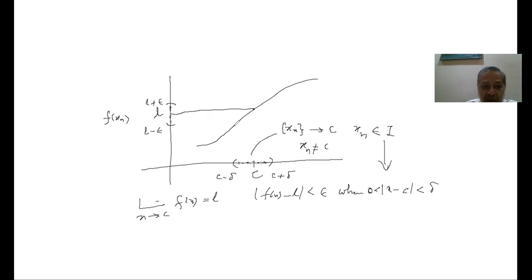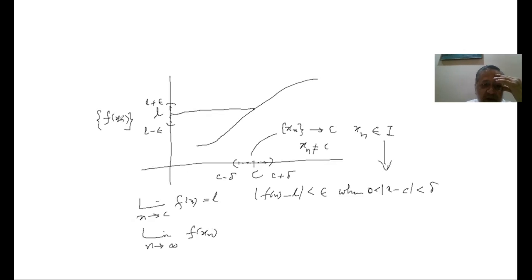जो sequence की terms हैं उनकी images लीं, तो उनकी images लेने से एक sequence बनी, जो images की sequence है. Now if x approaches C, function values go to L, then I can instead write down limit n approaches infinity for the image sequence.